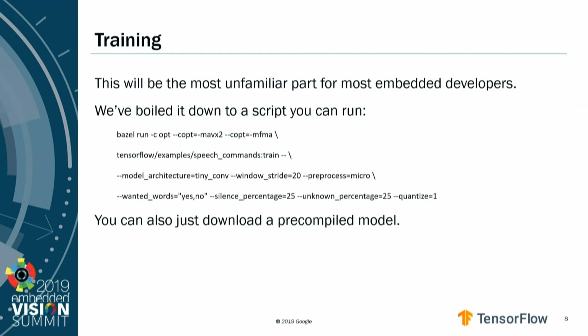We know that that's going to be a barrier for a lot of people, so the tutorial includes a link to a precompiled model that you can just download, trained for just the yes-no wake word recognition that we have running on that device.